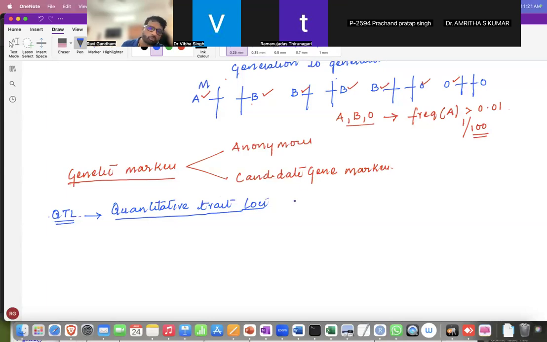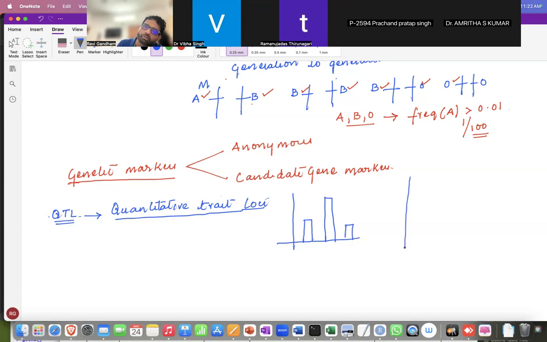Skin color can be white, black, or brown. So you can easily distinguish between individuals and have distinct groups if you classify the individuals based on their color. This many individuals are white, this many are black, and this many are brown. So that's what the discrete classes are.